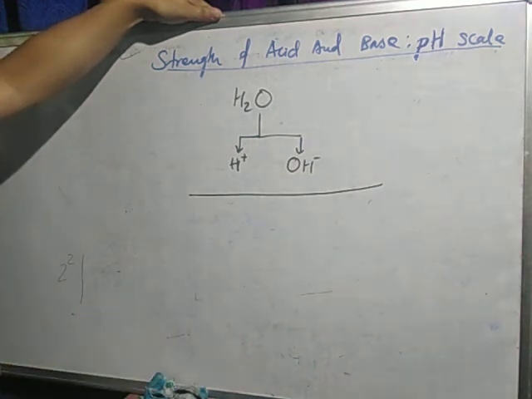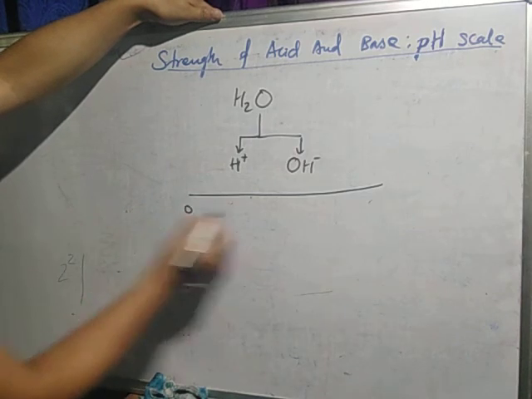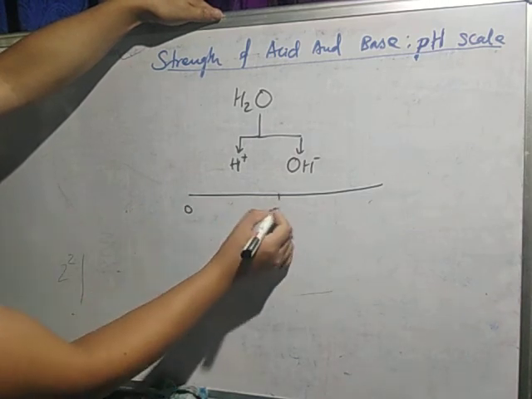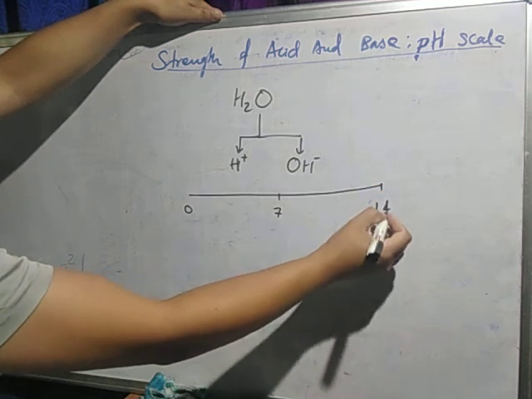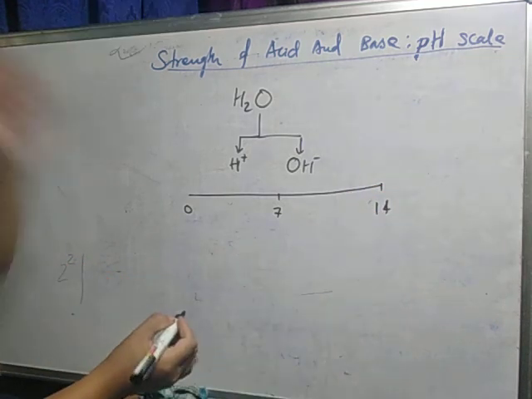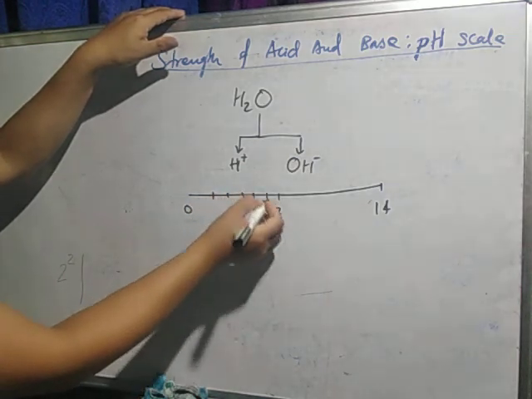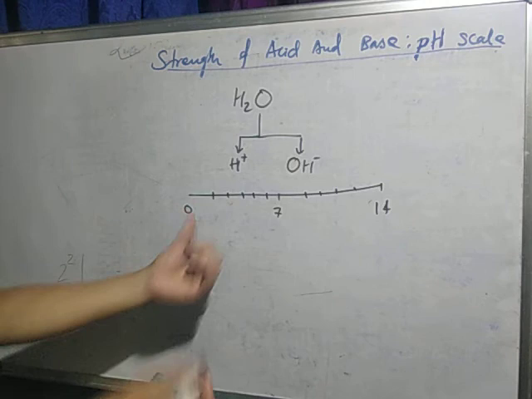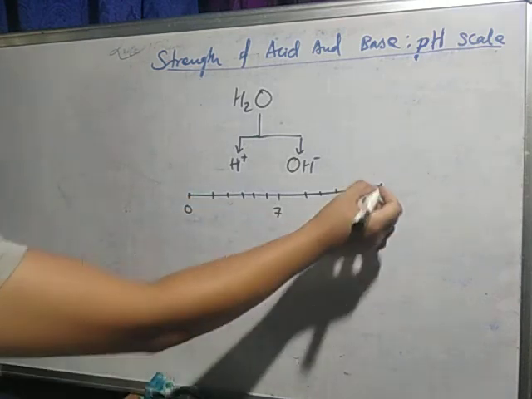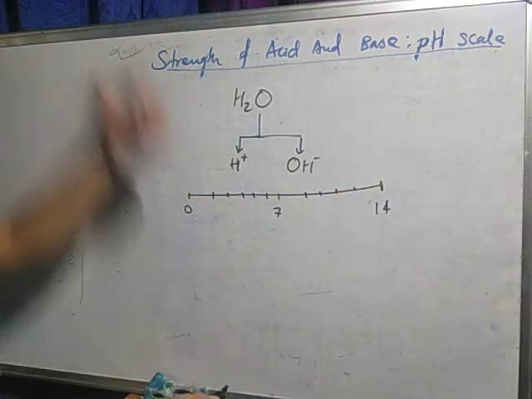See, in your book also you'll get it, isn't it? So your pH scale starts from 0 and somewhere in the middle you have 7 and it ends at 14. Clear? So this is the pH scale. So many: 1 2 3 4 5 6 7 8 9 10. So these are the scale, isn't it? They start from 0 and end at 14. Okay, so this is your pH scale.